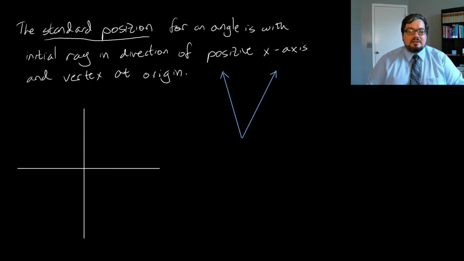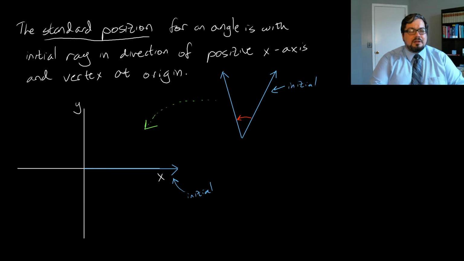So the way that we do that is we think of our standard xy plane from algebra, and whatever the initial ray was, in this case the initial ray is this one on the right, we're going to move this whole thing over and think of it as sitting in the xy plane, where we're going to put the initial ray on the positive x-axis.